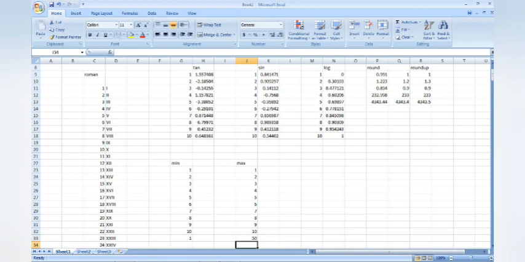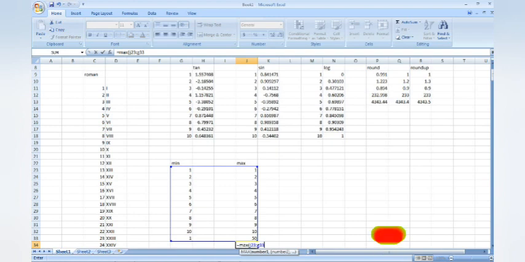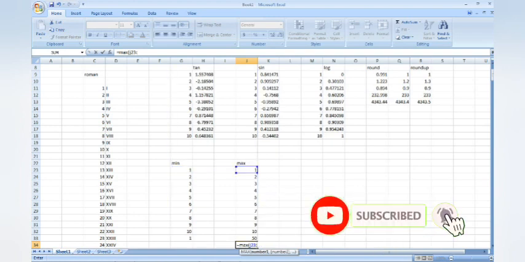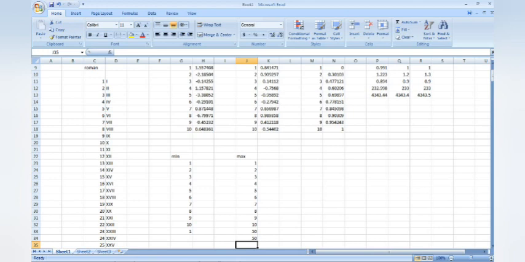So the formula is the same thing, equals MAX, bracket open, the cell address G23 to J33, sorry. You close your bracket and enter. So the maximum number in this range is 50.